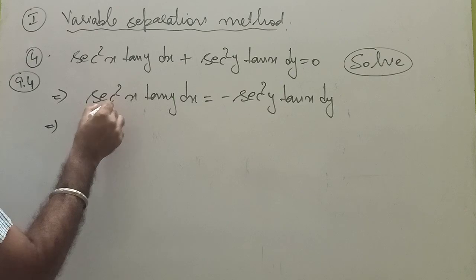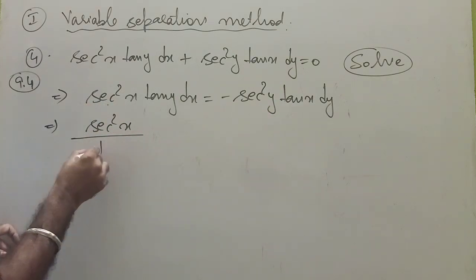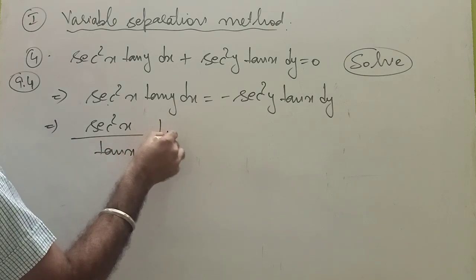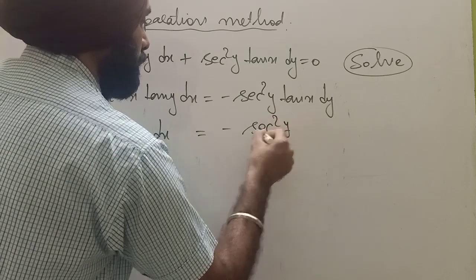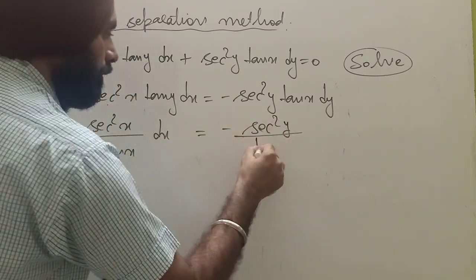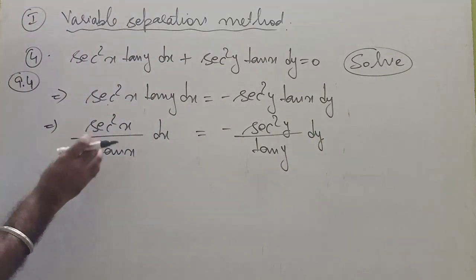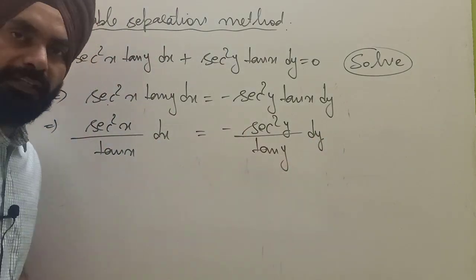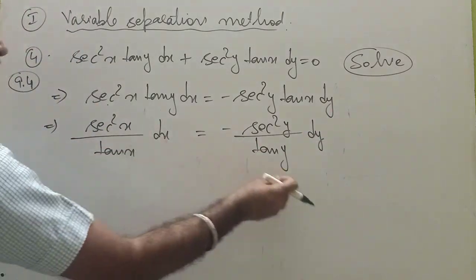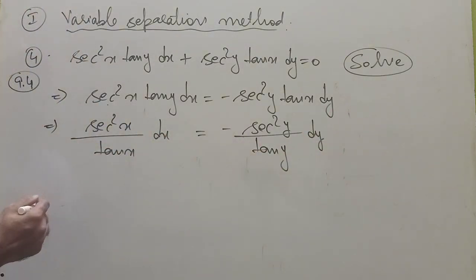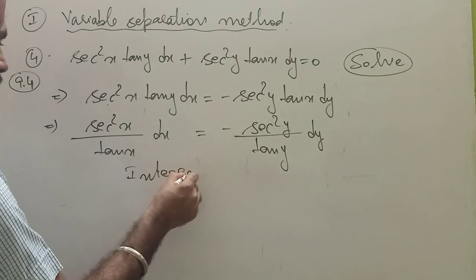So cross multiplying, secant square x over tan x dx is equal to minus secant square y over tan y dy. We have separated the terms of x and y. So this is called variable separation, that is, separate both variables, whether it is x or y. After this, integrate both sides.